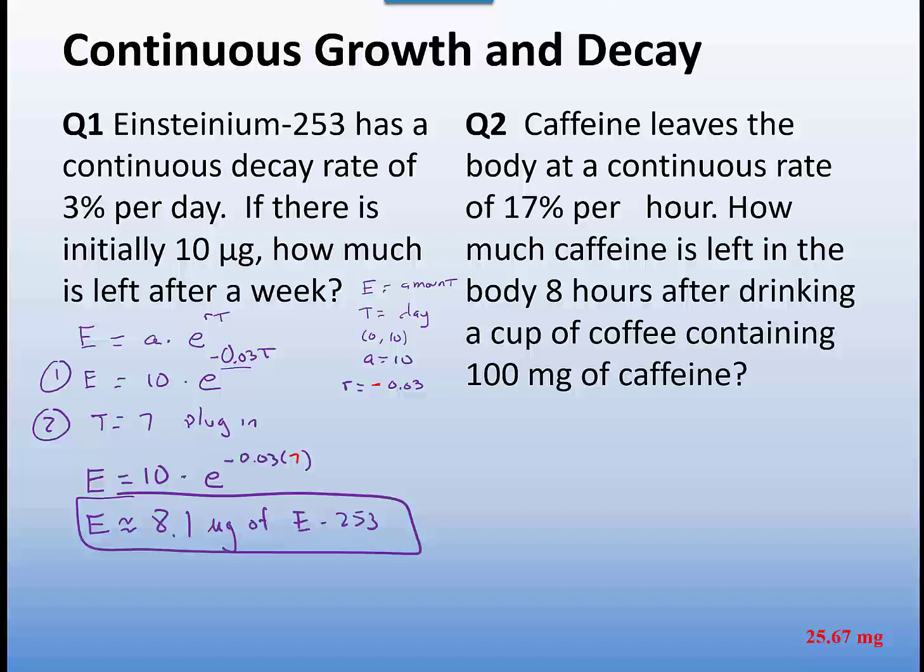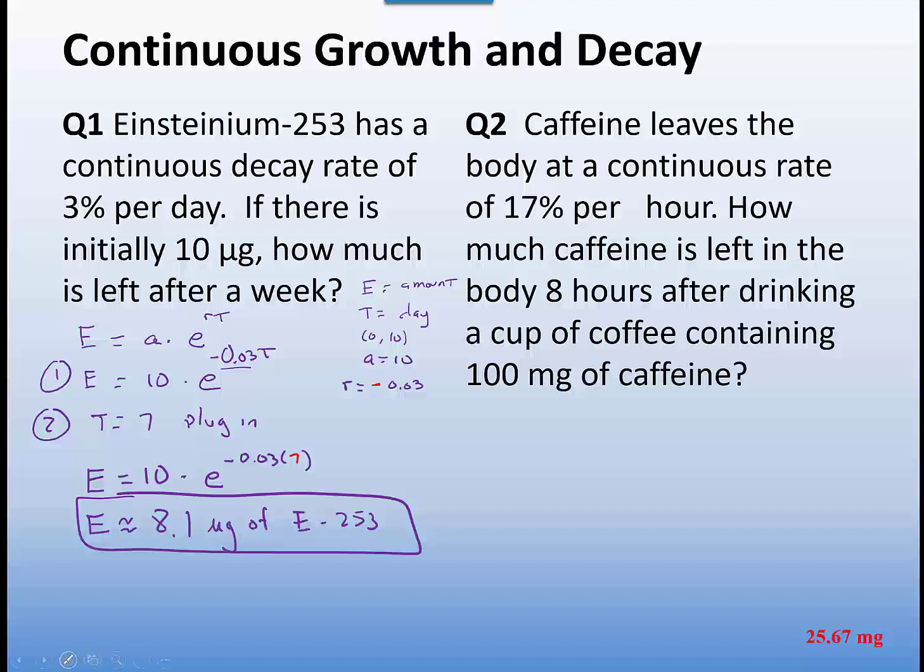That's what I mean by incremental change, every increment of an hour or every increment of a minute. But no, caffeine isn't behaving that way. Caffeine is continuously being metabolized in our body. So the equation we're going to need for the caffeine is an exponential base e, the continuous growth model.